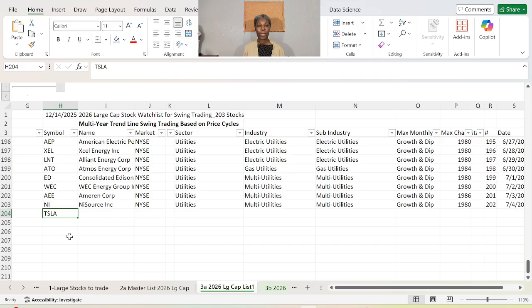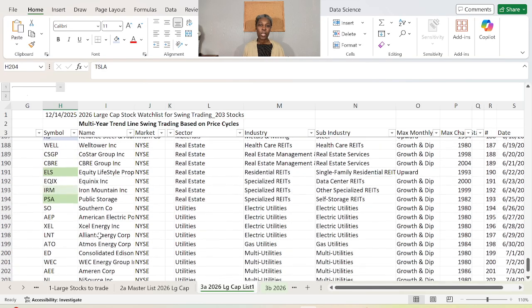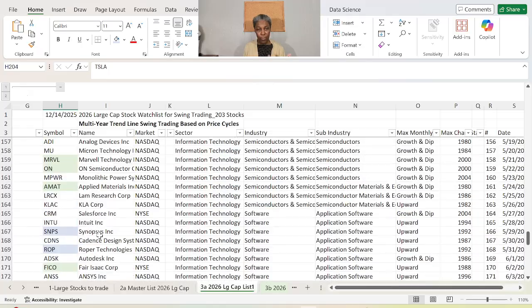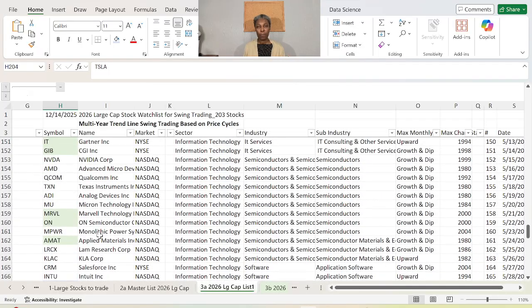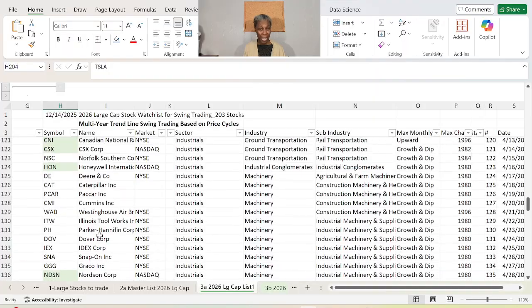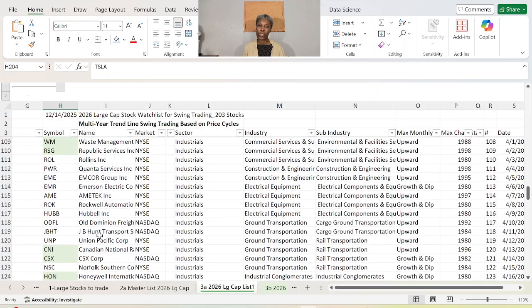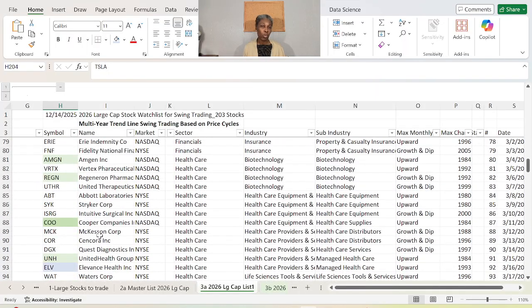I pulled my master list in early 2024, late 2023, and I think it didn't really meet the 15 year cutoff that I used to filter stocks for my watch list. And I'm sure there'll be some good stocks that didn't make it to my watch list because of that.